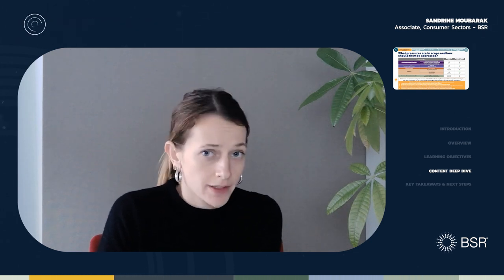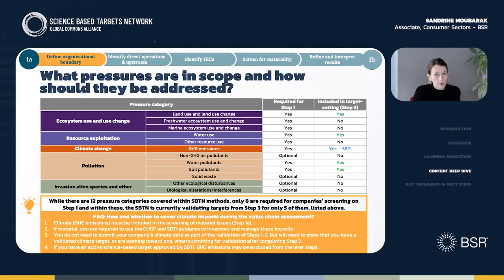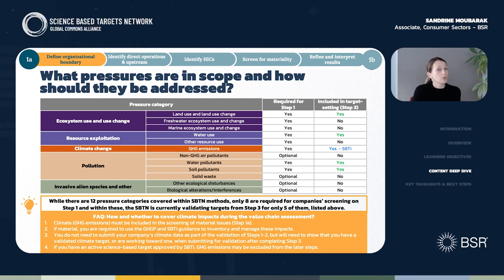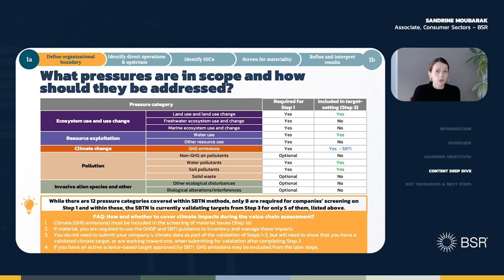Out of these 8, there are 4 that have associated SBTN methods to help set targets on in Step 3, and a 5th, which is linked to SBTi's climate targets, that's GHG emissions. The other 3 pressure categories related to marine and freshwater ecosystem use and change and species extraction are required, but methods are still under development. The 4 remaining categories are optional.